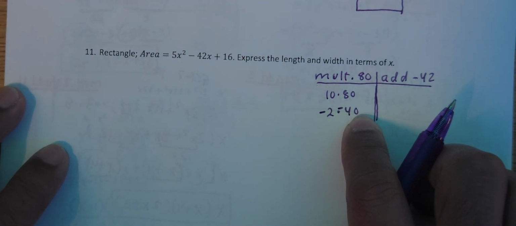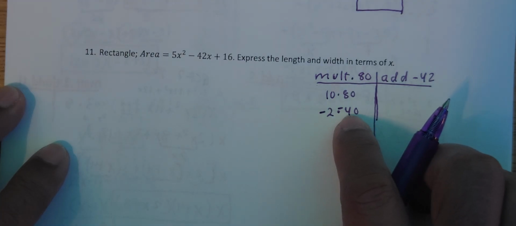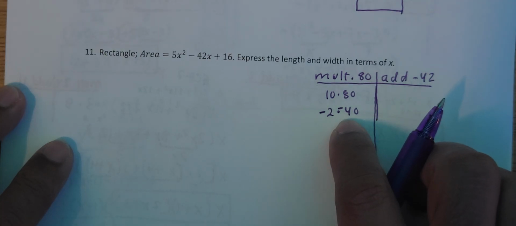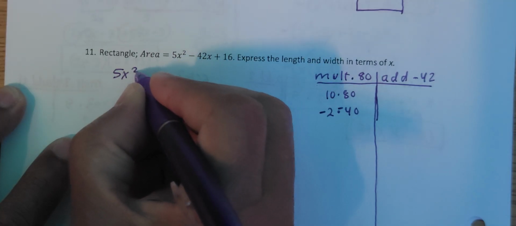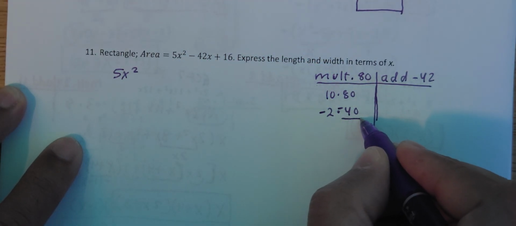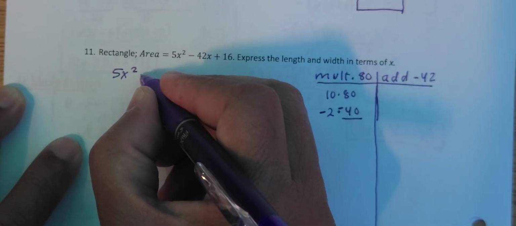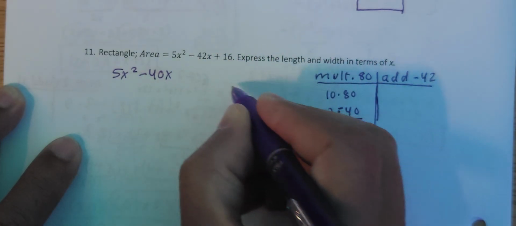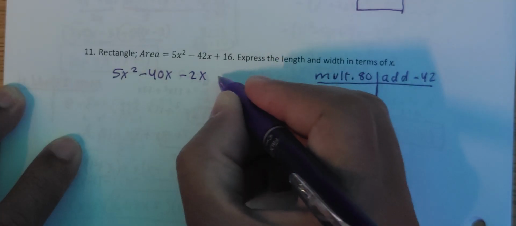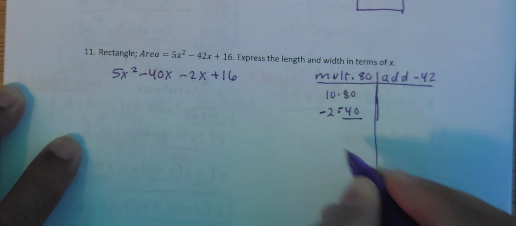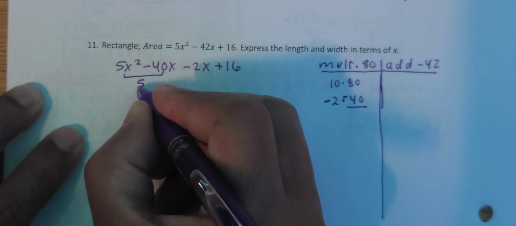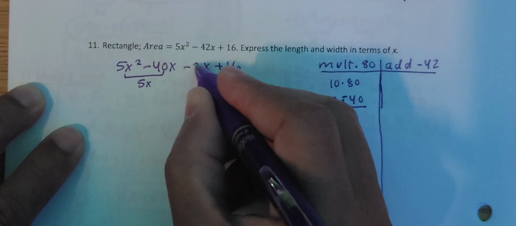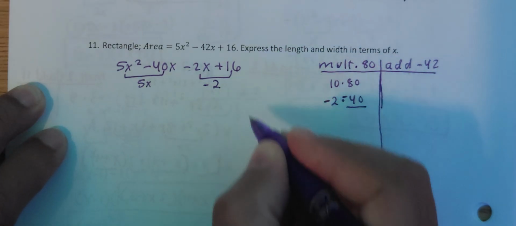Therefore, what I can do next is split this up into 5x squared minus 40x, and then minus 2x plus 16. I hope you can see that it is convenient to group the 40x with the 5x squared. So from here, find a GCF on the first group. The GCF is 5x, and on the second group, since you have a negative lead, the GCF is minus 2.